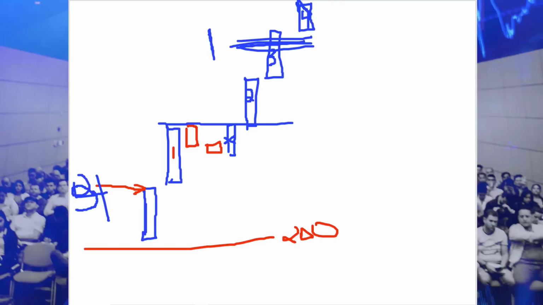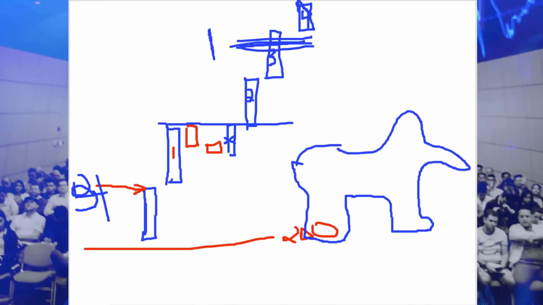Now I want to tell you how this came into existence. I know it's going to be a bad drawing here, guys. That's an elephant. I know it's a bad one. Elephants have four feet.